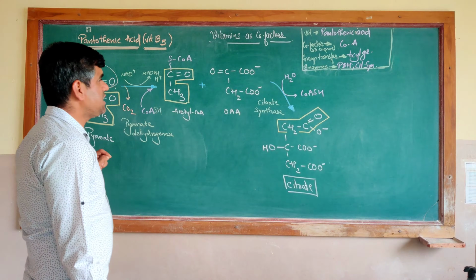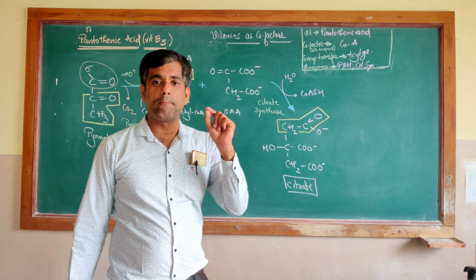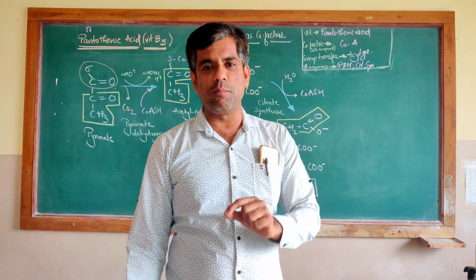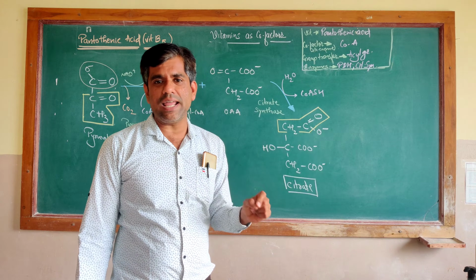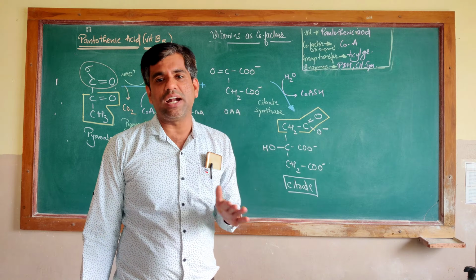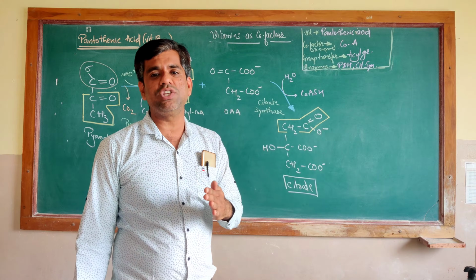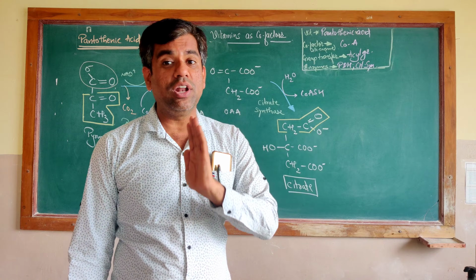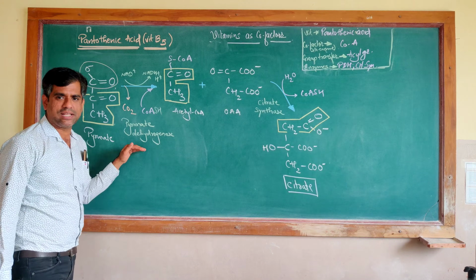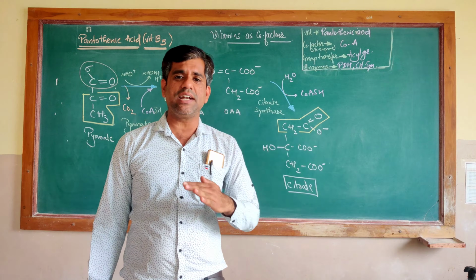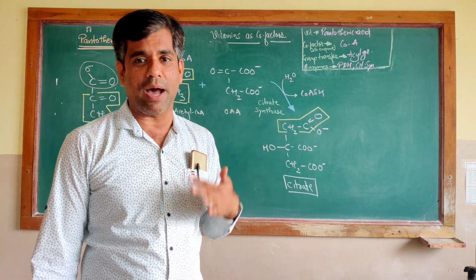So let us look at these two enzymes, the pyruvate dehydrogenase complex and citrate synthase, which have coenzyme A as a cofactor for the transient intermediate transfer of the acetyl group. We know that the pyruvate dehydrogenase complex catalyzes the oxidative decarboxylation of pyruvate.